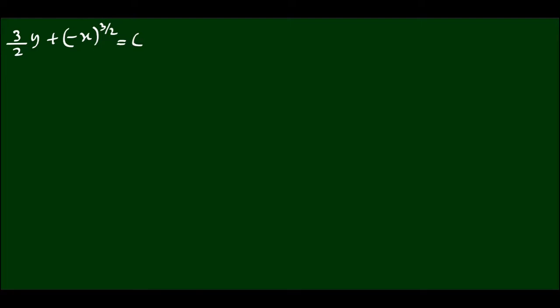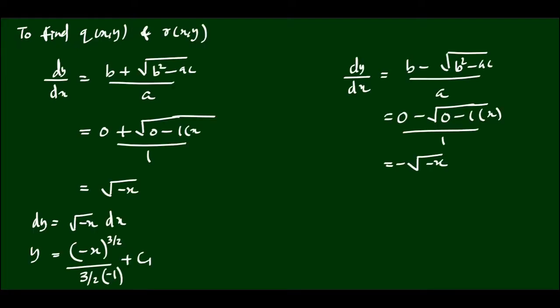Similarly, we can solve the second equation dy/dx = −√(−x), which is also a variable separable equation. We can rewrite it as dy = −√(−x) dx.